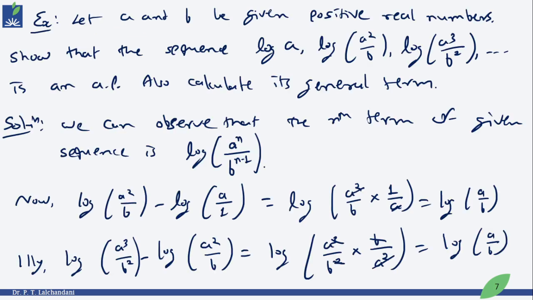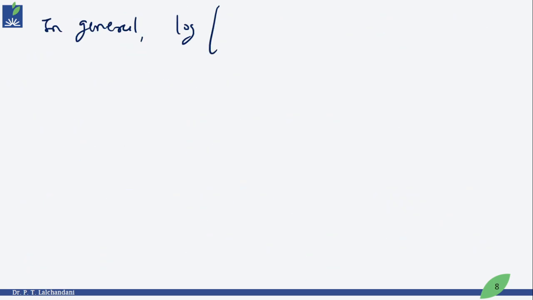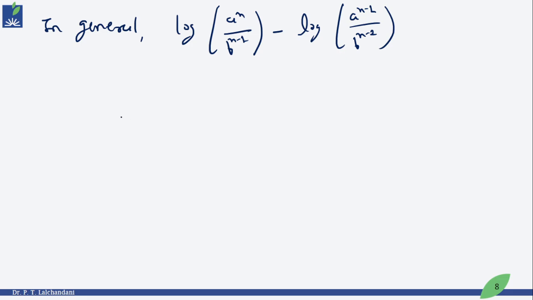In general, what is the nth term? You just mentioned the nth term. It is log of a raised to n upon b raised to n minus 1. This is our nth term, minus log of a raised to n minus 1 upon b raised to n minus 2. This is our n minus 1th term.